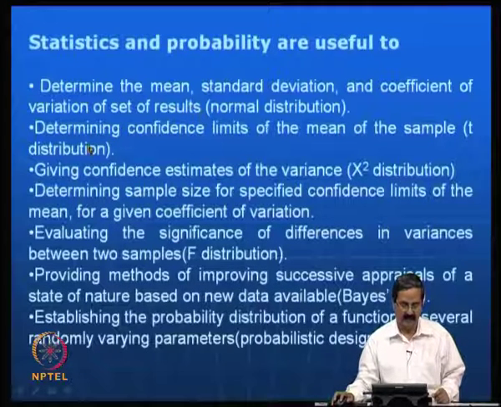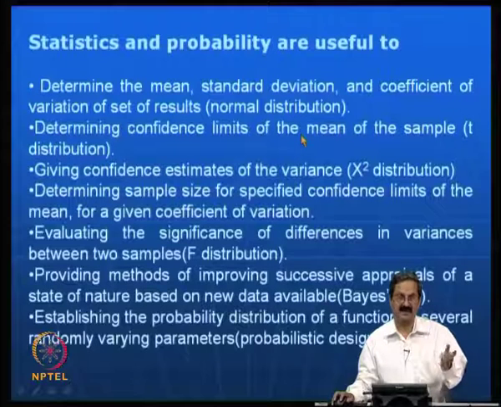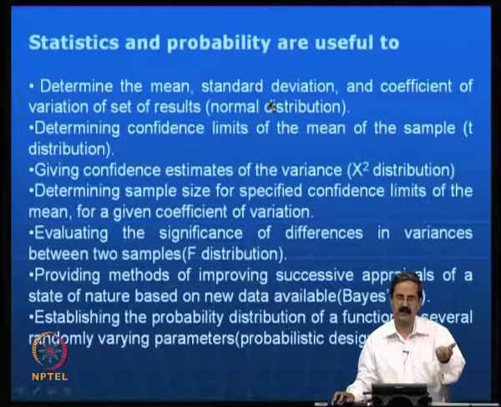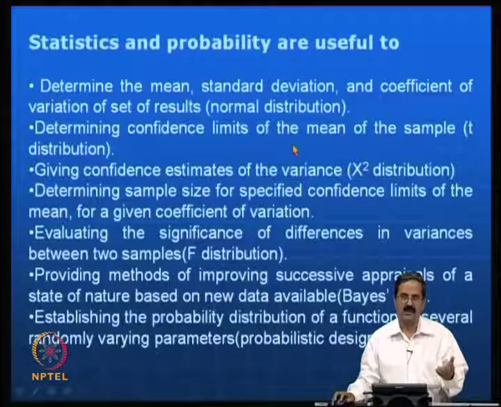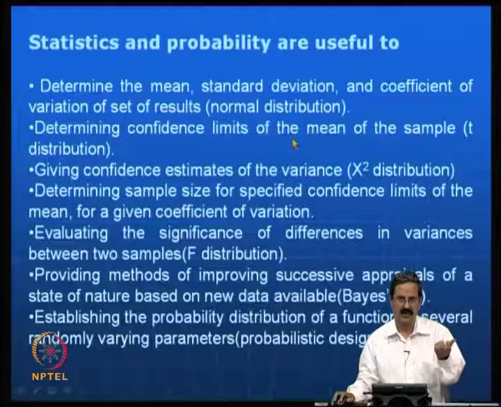Then sometimes it is always important to find out the confidence limits of the mean of the sample. Say for example, I may say that the mean value is 1.9 ton per meter cube or 19 kilonewton per meter cube, but how confident are you? Are you confident to 90% or 95%? Did you do some tests?